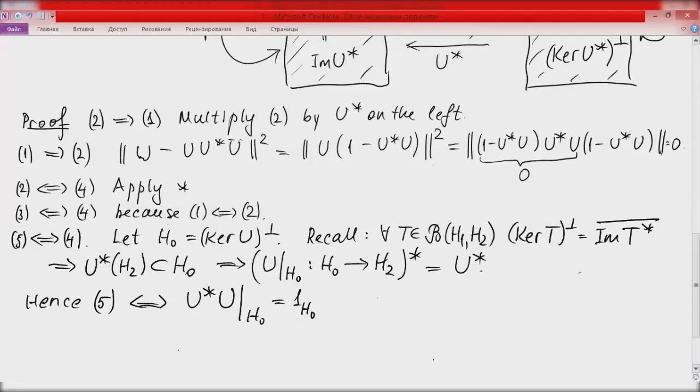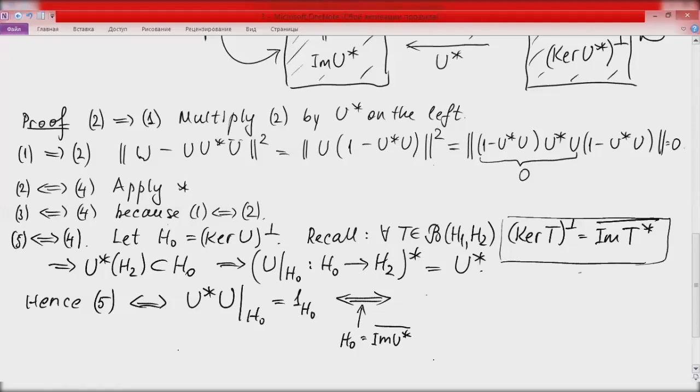But we already know that H0, so again we look at this formula, H0 is the closure of the image of U star. So these operators are the same if and only if the restrictions to the image of U star are the same, because the image of U star is dense in H0.